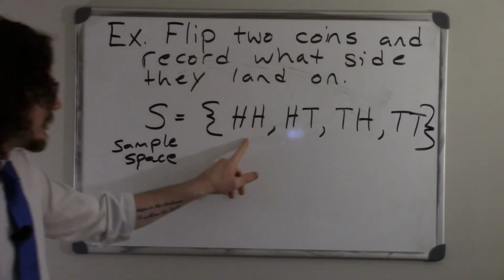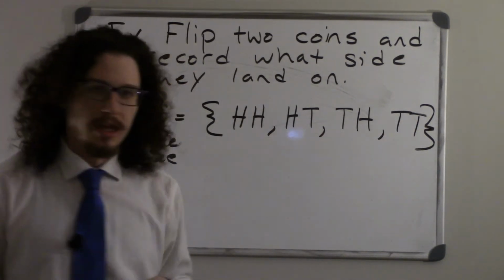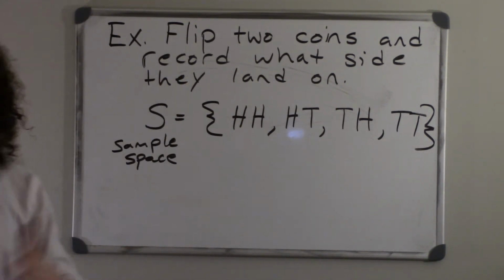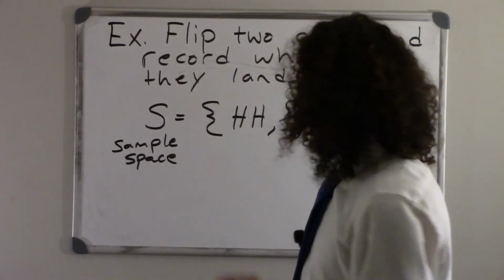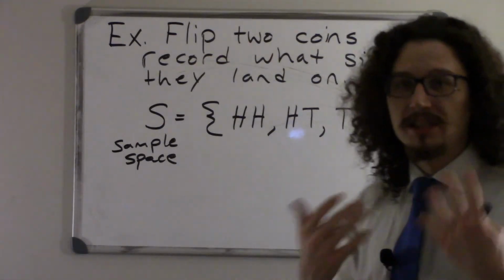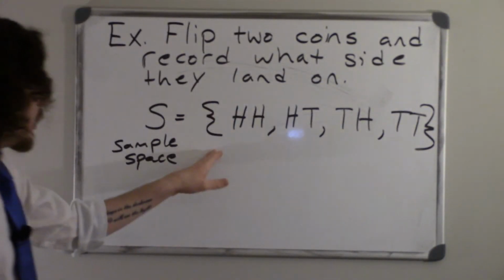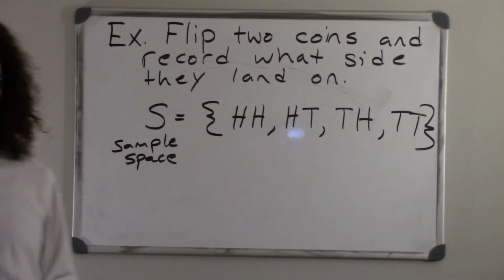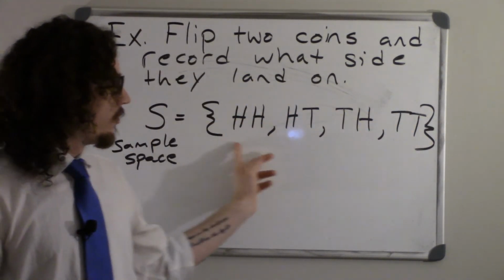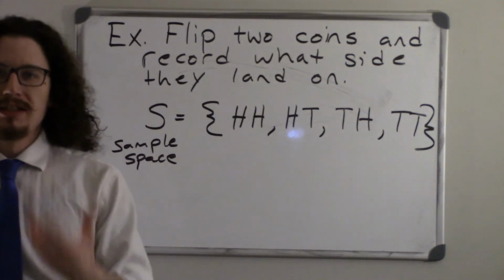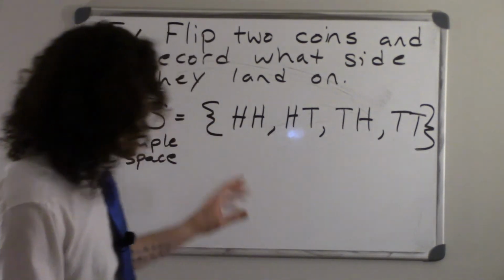So we've got heads, heads; heads, tails; tails, heads; and tails, tails. Those are all of the outcomes for this experiment. We can define them. In fact, we can very easily just state all 4 of those, and that is our sample space. The entire thing, all 4 of these, that's our sample space.